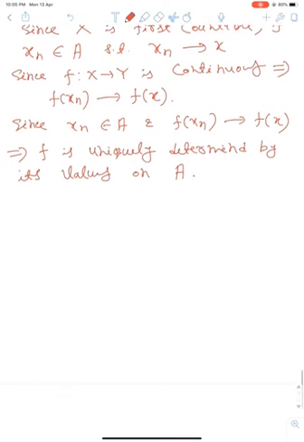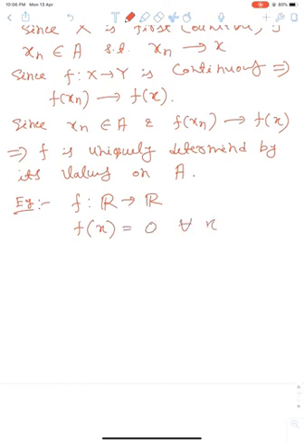For example, suppose it is a function from R to R, and suppose it is given that f of x equals 0 for all x belonging to Q. Now can you say what the function is if it is continuous?